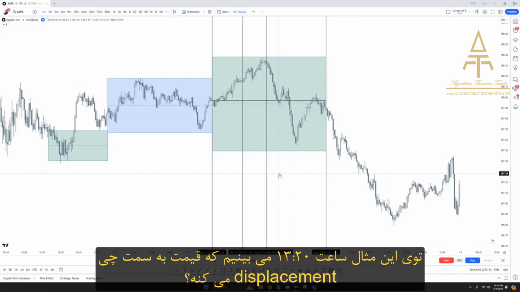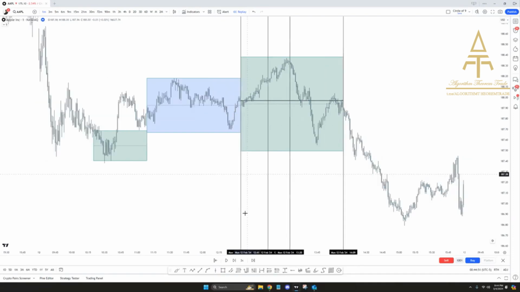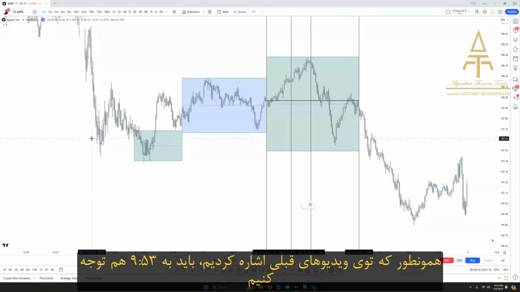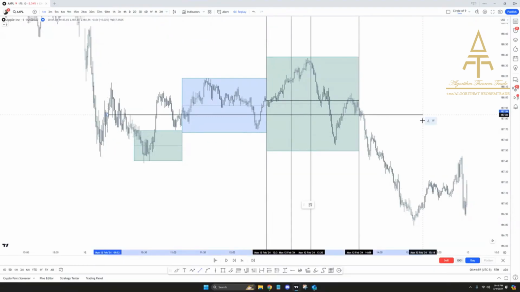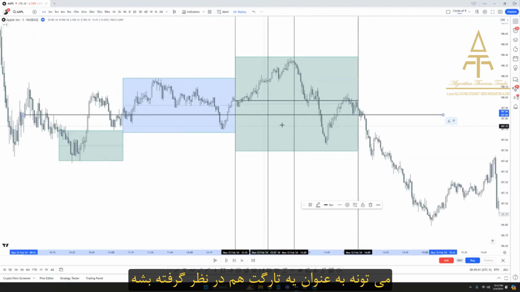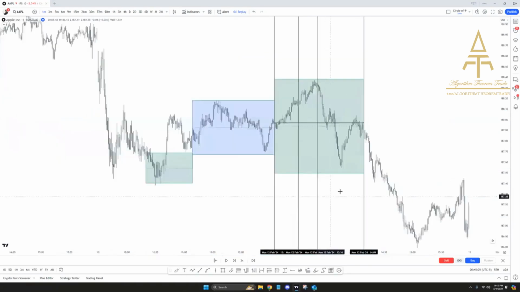In this case, 1320, you can see price displacing back down to what? The root candle of the inner interval. As we mentioned in previous videos, also pay attention to the 953, as that's used throughout the whole session. So that could be used as a target as well. Above is premium, below is discount.